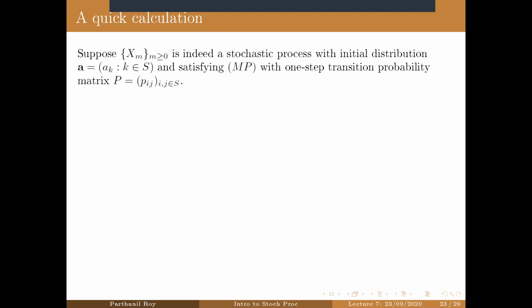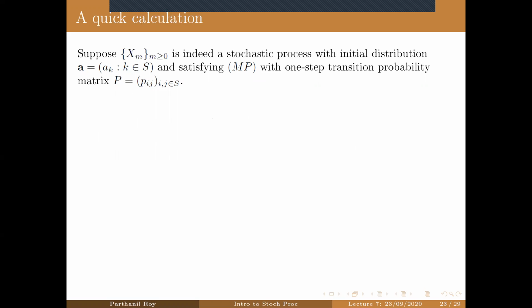So before doing that, we'll do a quick calculation. Suppose X_n is indeed a stochastic process with initial distribution a and it satisfies the time homogeneous Markov property with one-step transition probability matrix P. If that's the case, then the first thing that will happen is that, so let me first tell you what is the goal.